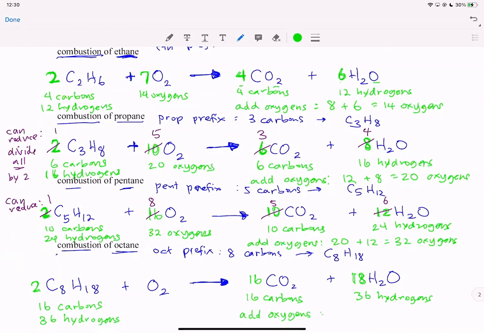So that's 16 times 2 or 32, plus the oxygens from H2O, that's 18 times 1 or 18. 32 plus 18 is 50 oxygens. So in order to get 50 oxygens over here, I need to put a 25 in front of O2, or 25 times 2 for 50 oxygens here.